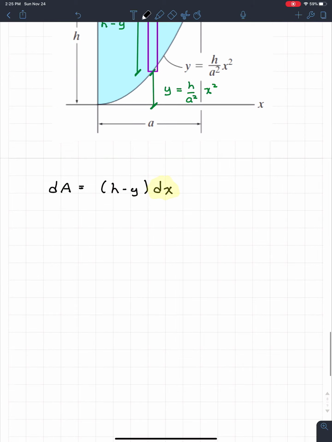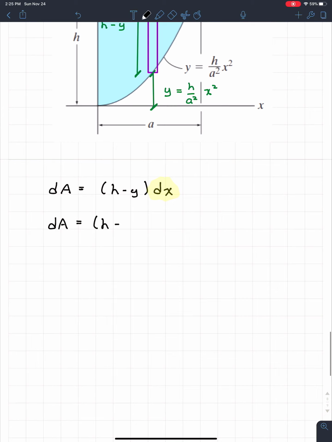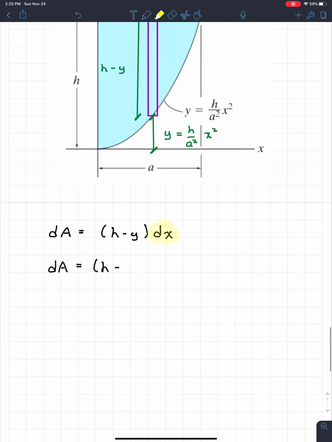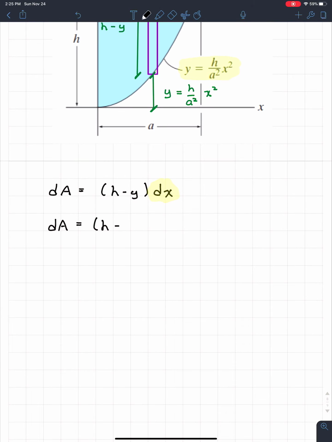So we come over here and we go, okay, dA, I guess I'll put dA again, that won't hurt, is equal to h minus, and instead of y, we have to go to x. But what's nice in this case is we already have our formula relating y to x. So y is equal to h over a squared times x squared.